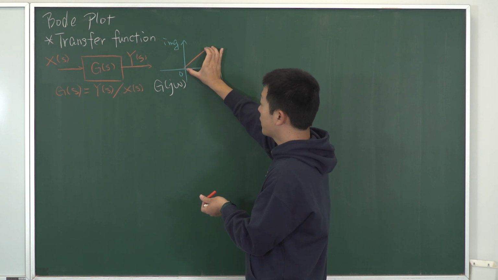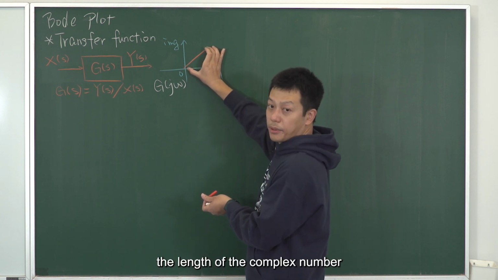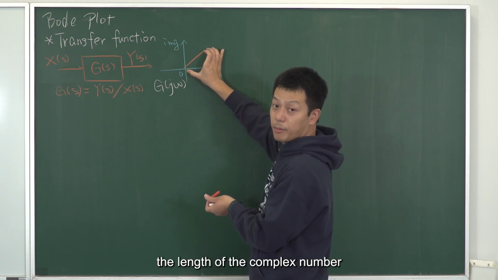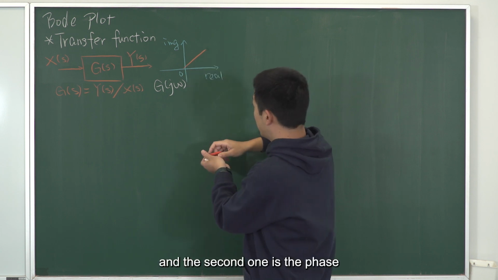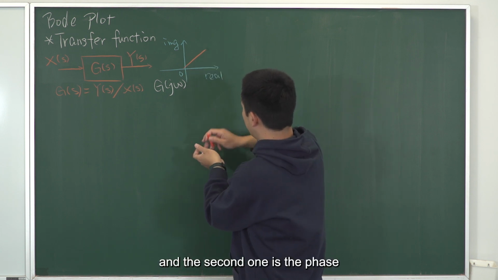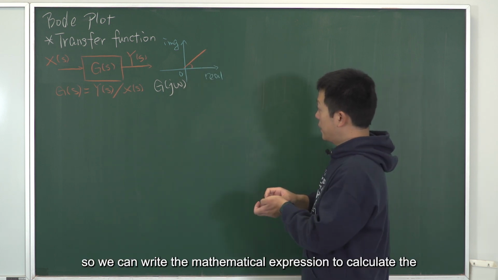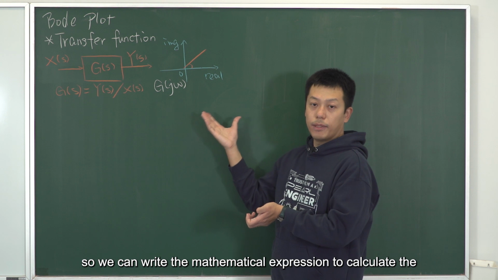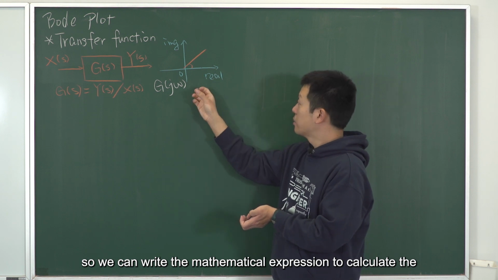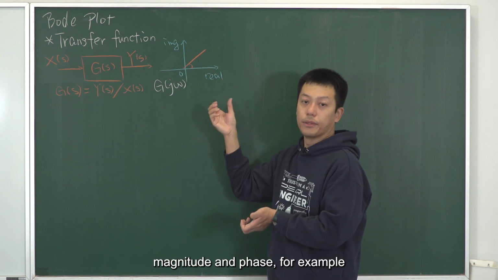One is the magnitude, the length of the complex number. And the second one is the phase. So we can write the mathematical expression to calculate the magnitude and the phase.